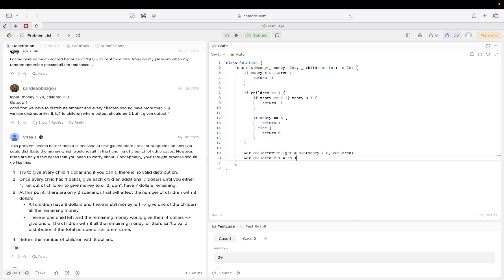So that would just be children minus children of 8, and then money left will be money minus our children left. So we're dividing, so we need to multiply, so we can do children times 8 here.